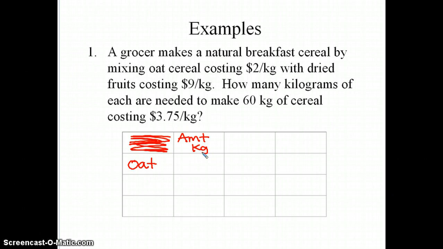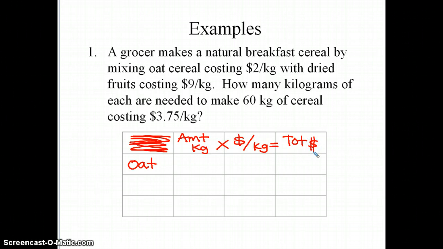My second one is money, so this is the cost per kilogram. If I've purchased a certain amount of this oat cereal, and I know it costs me $2 for every kilogram, I know if I multiply these two things together, I will end up with the total cost.